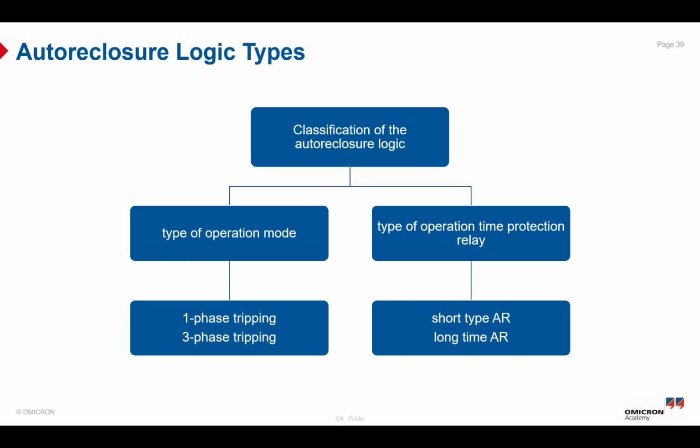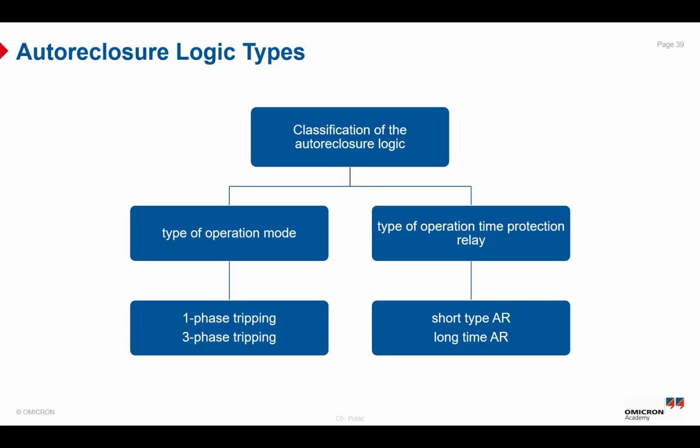For short time auto-reclosure, the dead time depends on the voltage level. For voltage up to 110 kV, the typical times are 300 to 500 milliseconds for three-phase tripping, and for voltage higher than 110 kV, the typical dead times after a single-pole trip are in the range of 1.2 seconds.